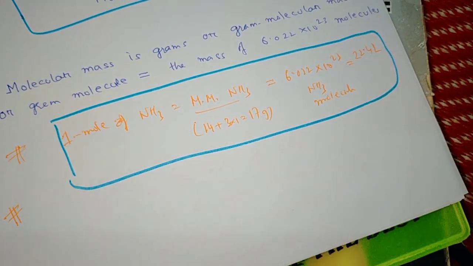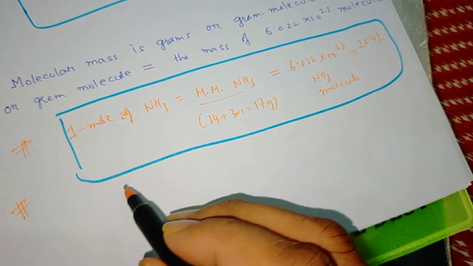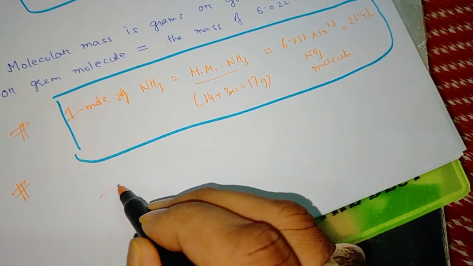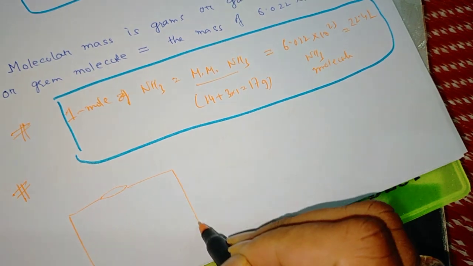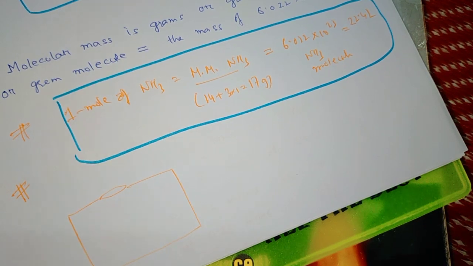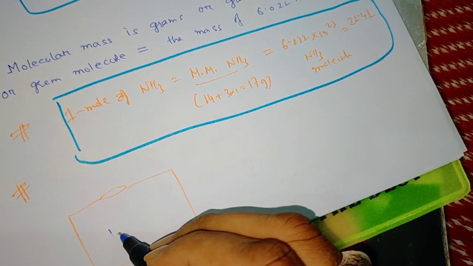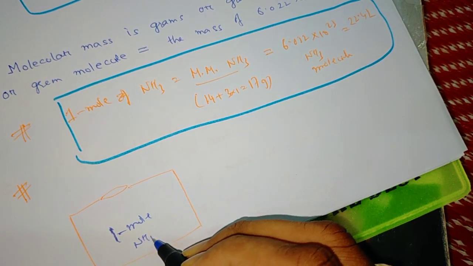Now in details, if you do the pictorial sense of the same, then how will you do? 1 mole of ammonia, let us consider a container containing 1 mole of ammonia. This one contains 1 mole NH3.